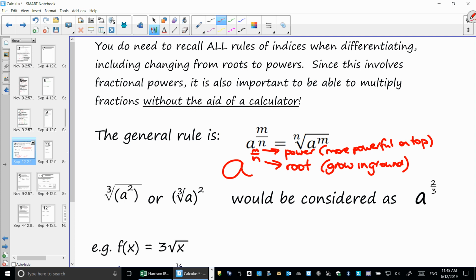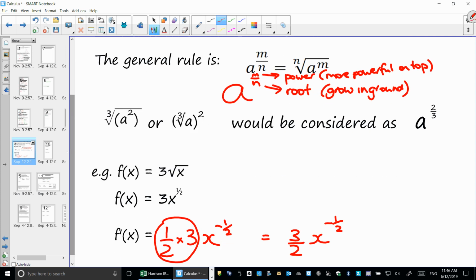For this one, it was a root, so I had to change it to be a power first. For the ones previous, like it was just 4x, that would just be 4.